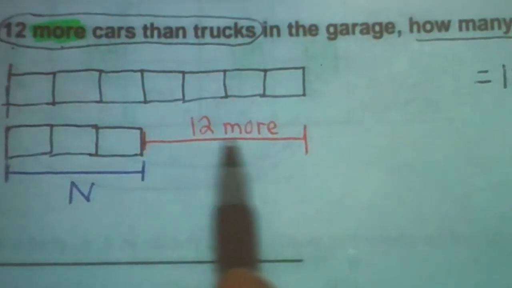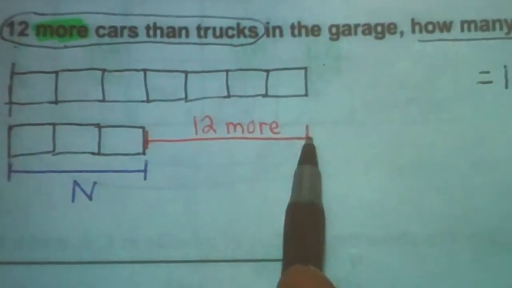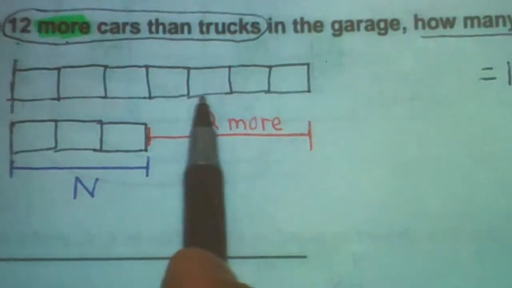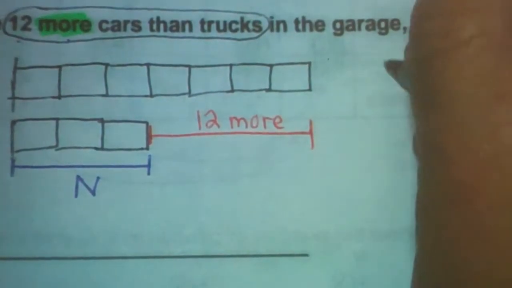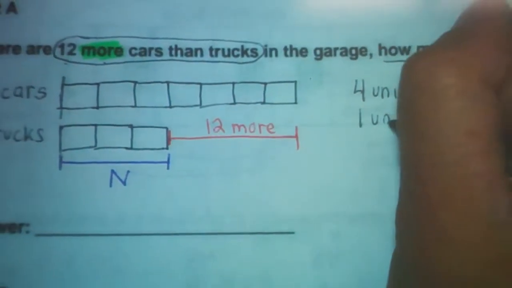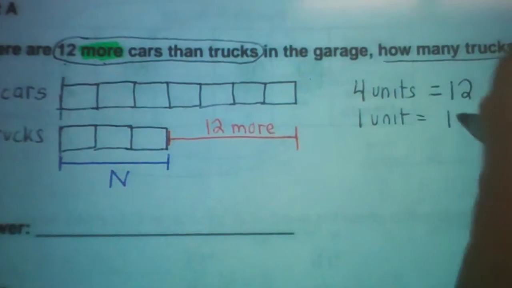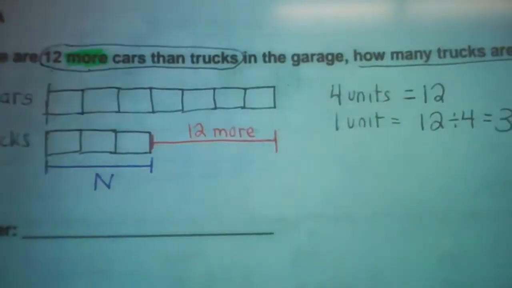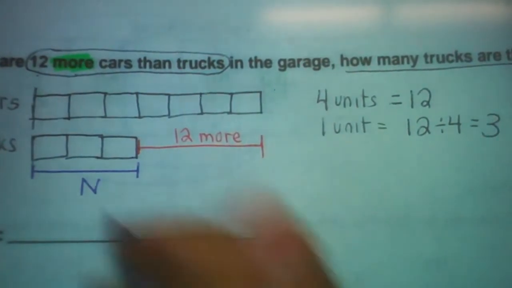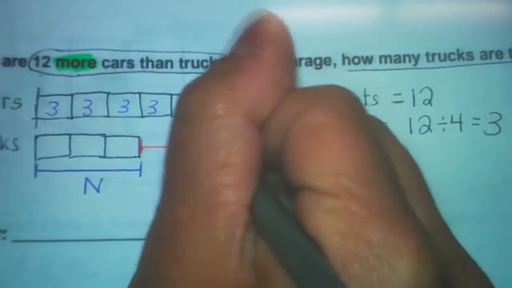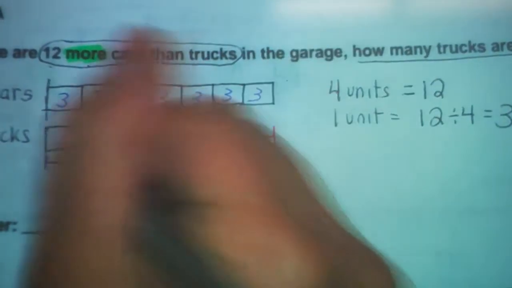How many boxes does 12 go across? Go ahead and call it out if you know it. It is 4. 1, 2, 3, 4 units is 12. And without taking any shortcuts, 1 unit ends up being 3. Which means you need to put 3 in every single one of these boxes.